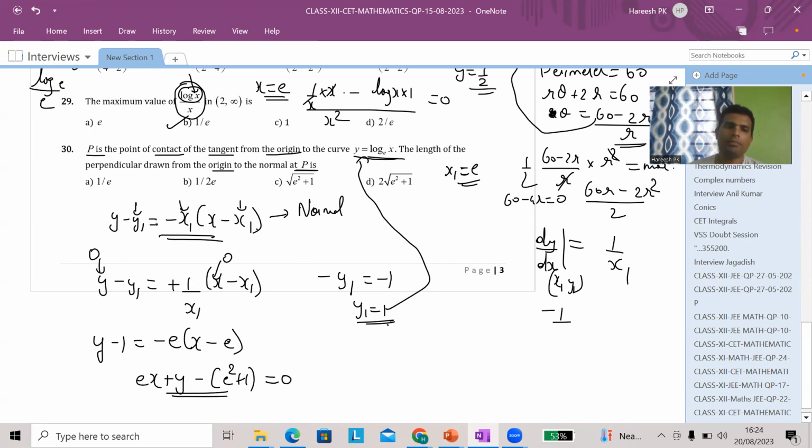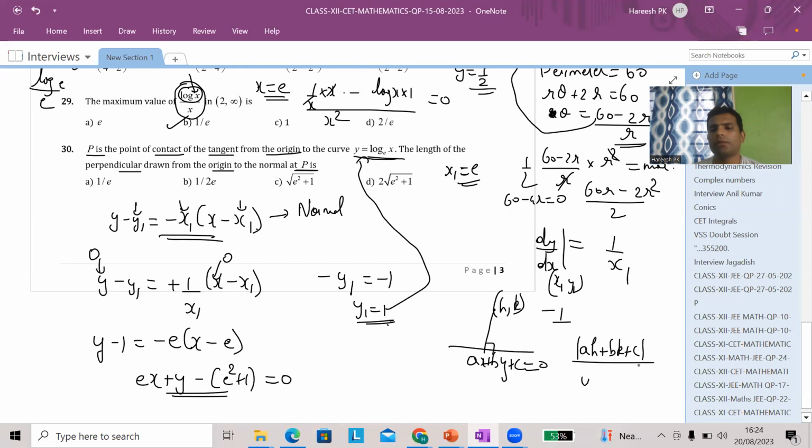Now, what is the perpendicular distance from the origin? If you have a line ax plus by plus c equal to 0, and a point (h, k), how do you find the perpendicular distance? You put the point in the equation of the line: mod of ah plus bk plus c divided by root of a square plus b square.